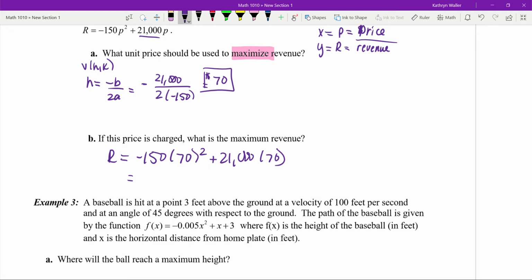Grab your calculator. Negative 150, parenthesis, 70, close your parenthesis, hit your x squared button, plus 21,000, parenthesis, 70, close it, enter. There's my answer, 735,000. That's the y coordinate of my vertex, which stands for revenue.